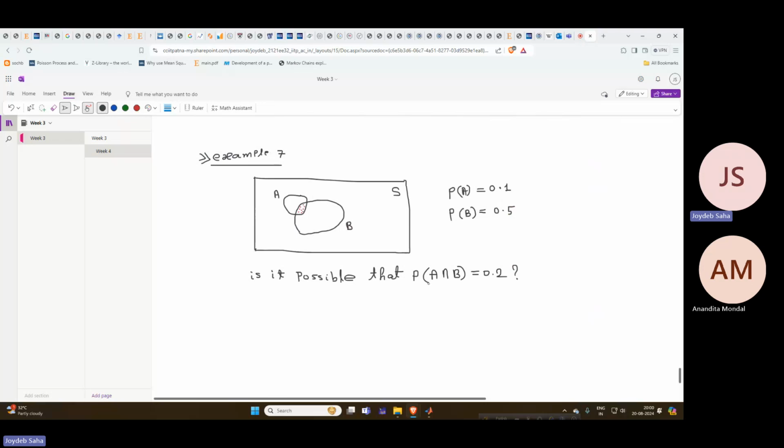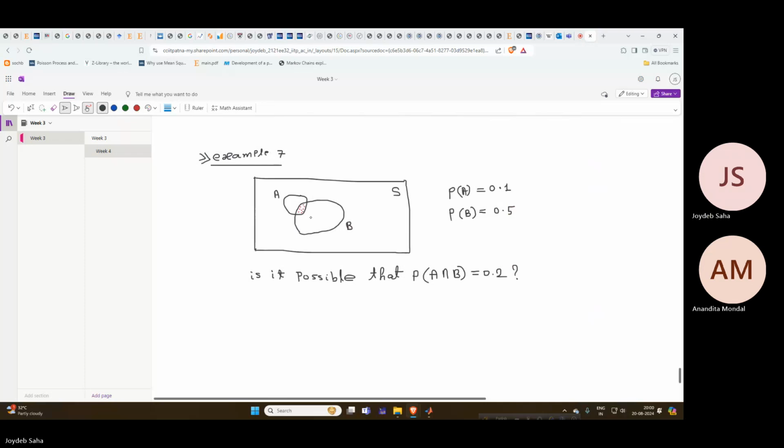Is it possible that probability of A intersection B is 0.2? Intuitively you think. No, it is not possible. Why? Look, any event is happening in this sample space, and the probability that it is happening in A, this much area is A, is 0.1 only.